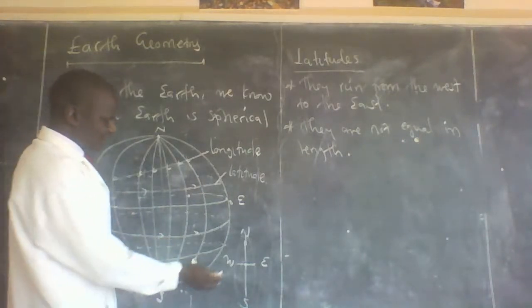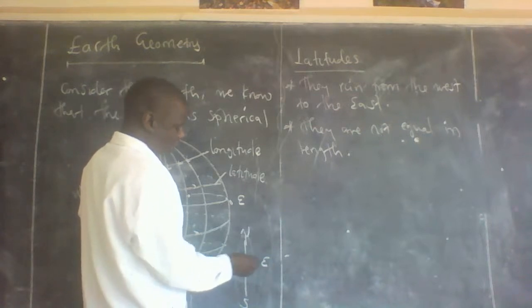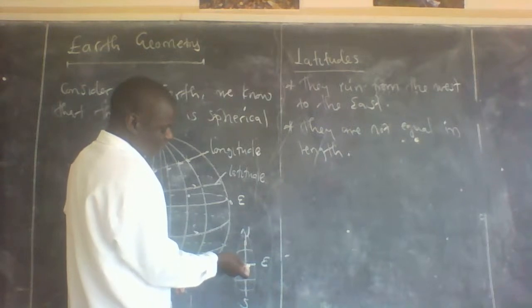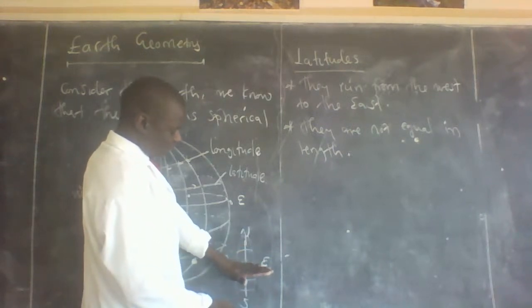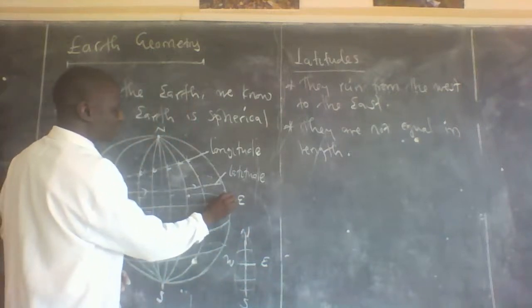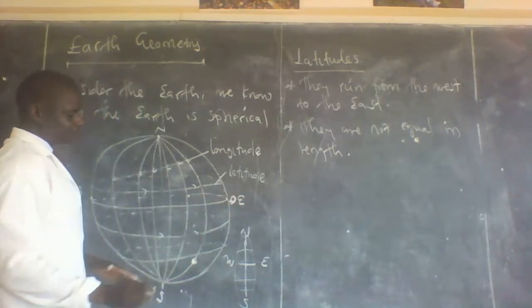Now, if you look at these latitudes that are represented by the east-west direction, we have this line which is at 0 degrees, which is the equator. This line is a reference point, the equator.